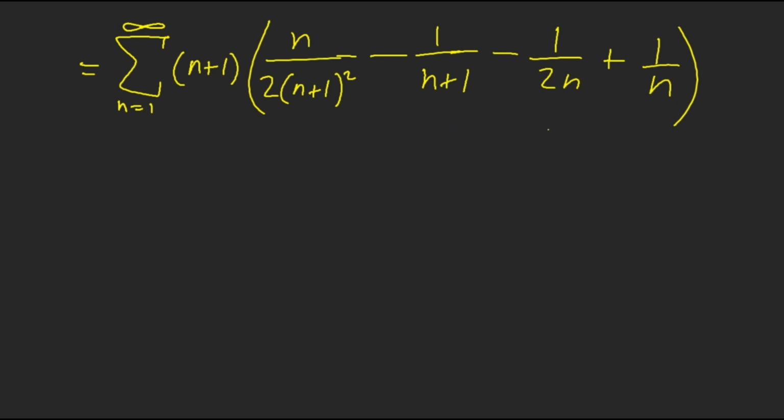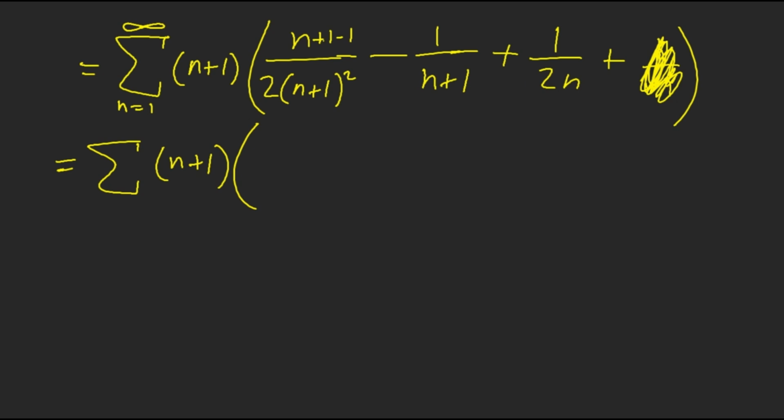Practice. So, first off, I like to simplify this. This is plus 1 over 2n now. And when we do plus 1 minus 1, I'm just going to speed sum this.